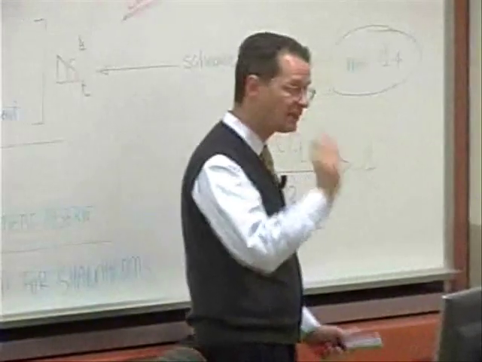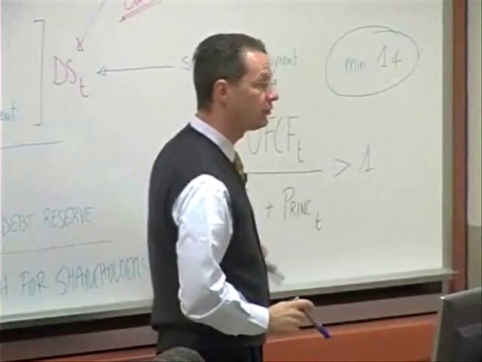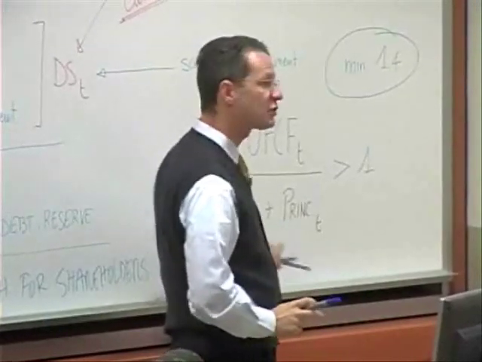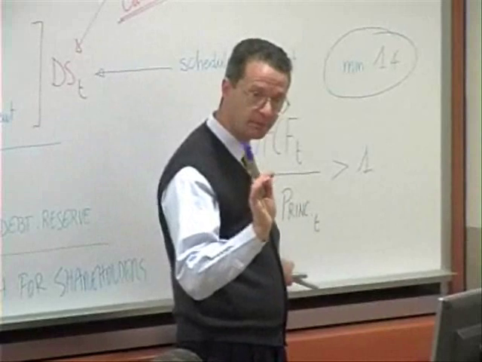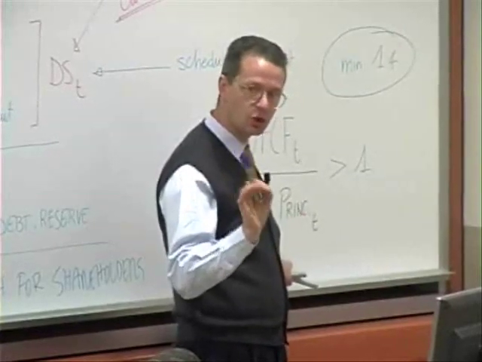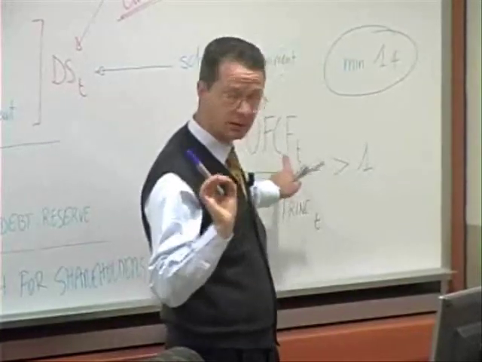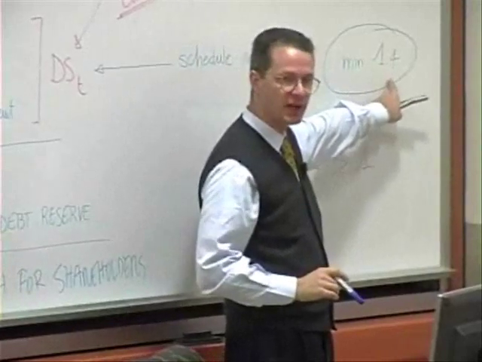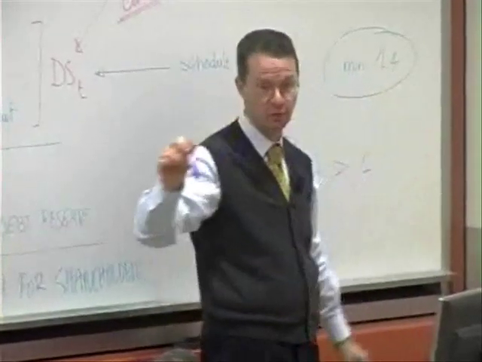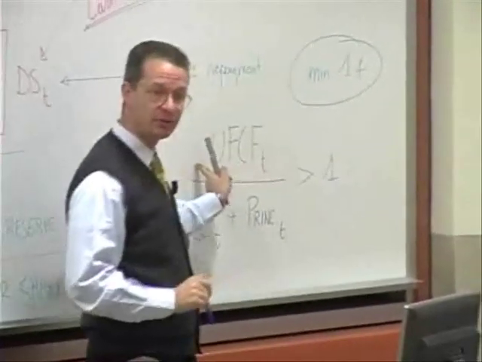Banks require that for every euro of debt service year T, they want to have at least 40% more, or 0.4, of unlevered free cash flow.